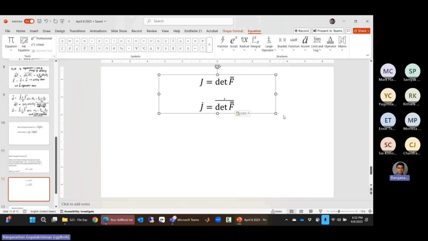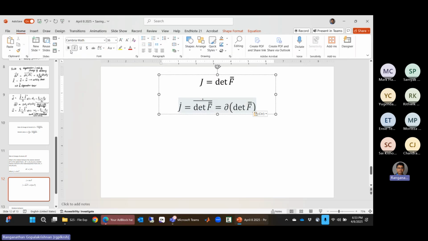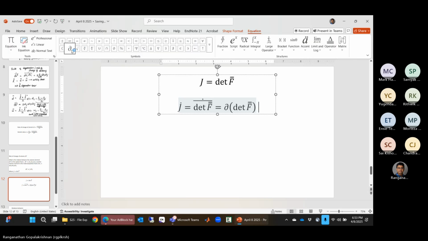Okay. So this would be obtained as the partial derivative of determinant of F with respect to time. That's what dot means, right?